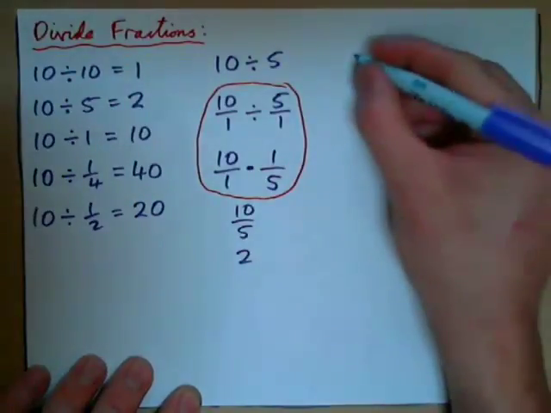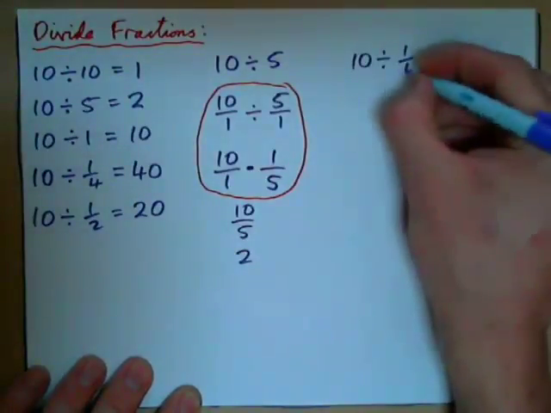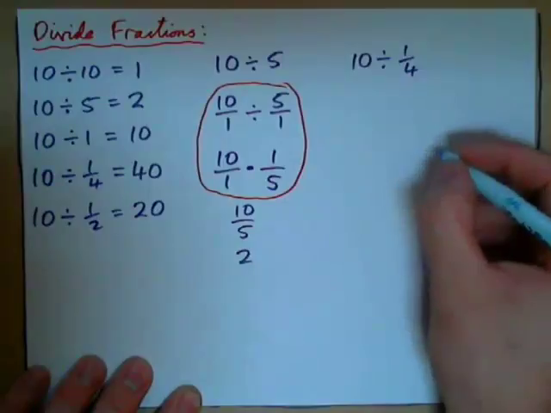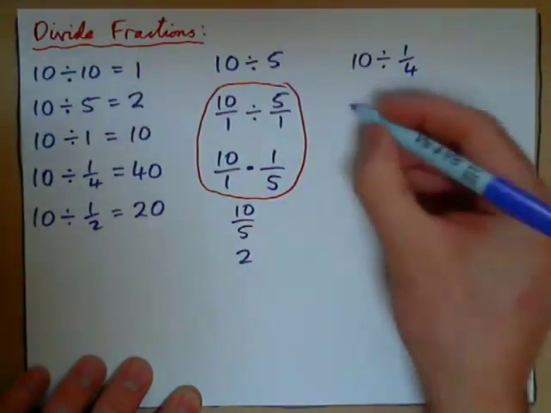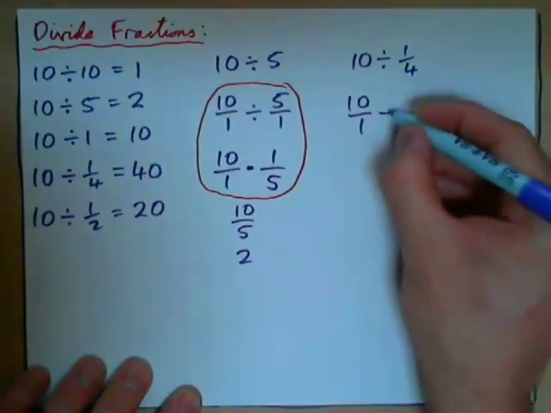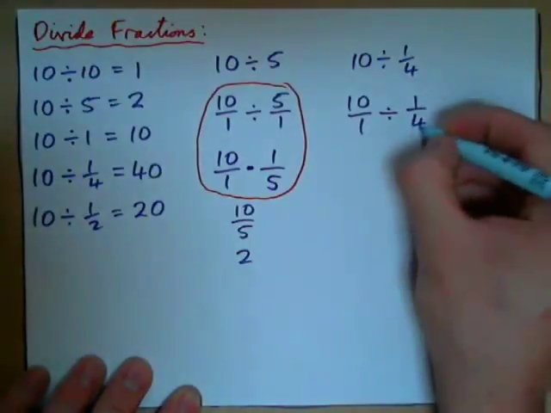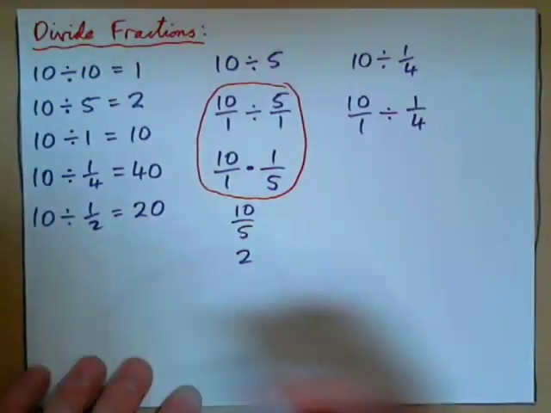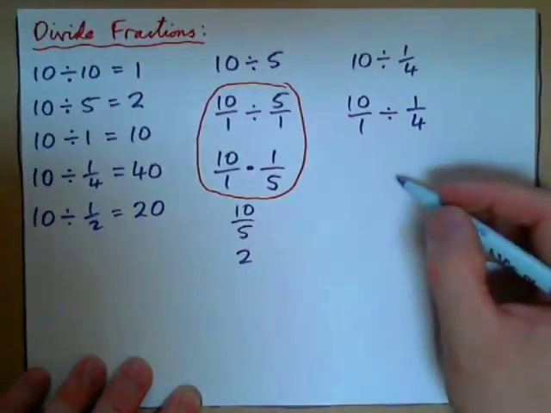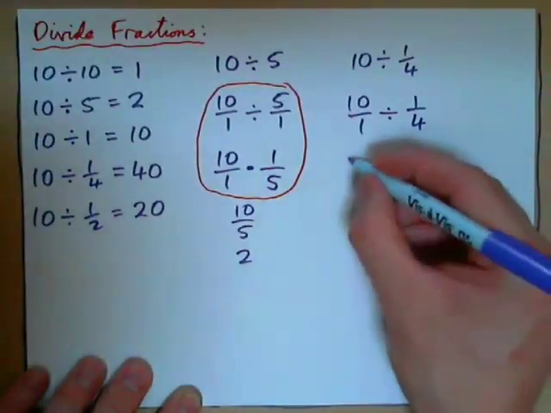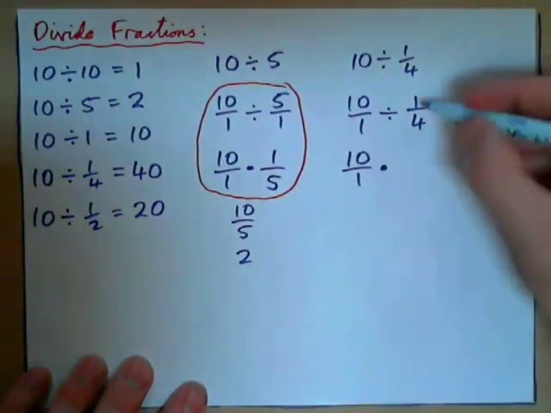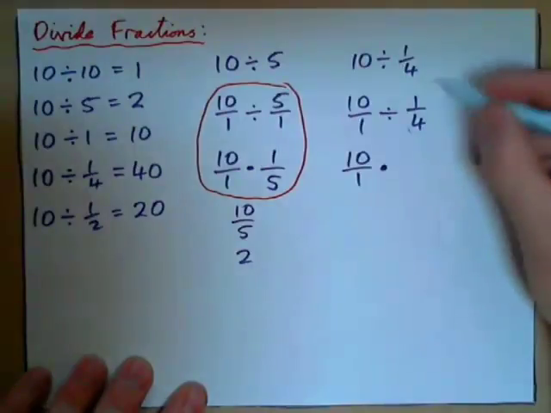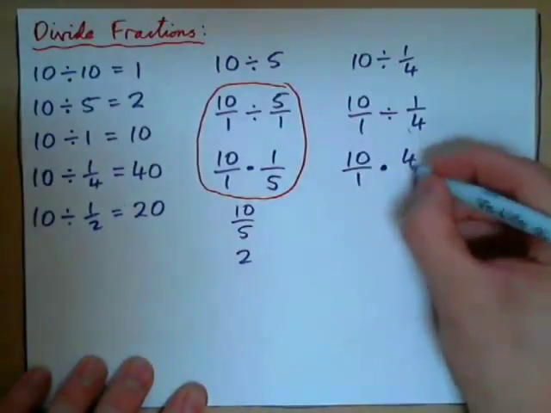So let's explore that with 10 divided by 1/4. If we change 10 to a fraction, it can be written 10 over 1. So 10 over 1 divided by 1/4 is the same as, this is the procedure for dividing fractions. You go 10 over 1, multiply by the reciprocal of the fraction on the right, 4 over 1, right?